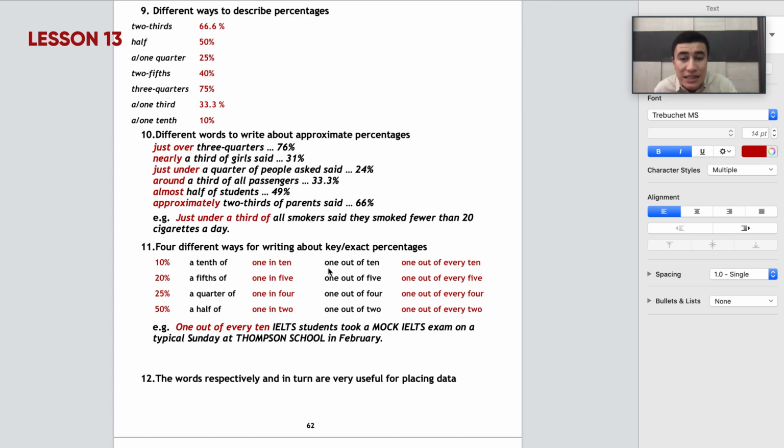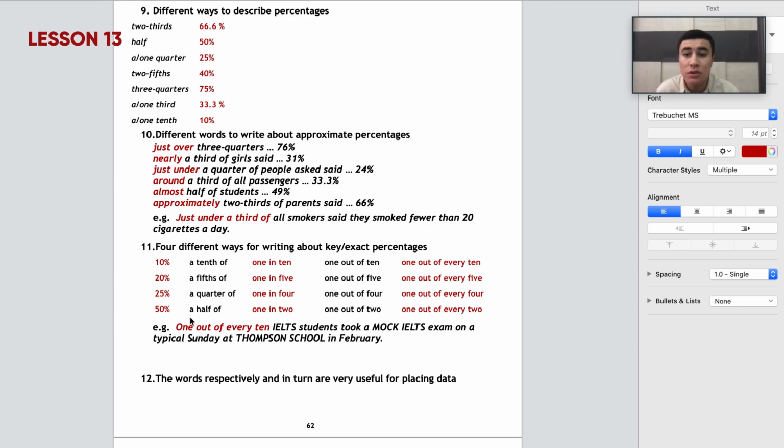So each different way here refers to 10%. Okay, instead of 20%, you can say a fifth of, 1 in 5, 1 out of 5, 1 out of every 5. Okay, 25 here, a quarter of, 1 in 4, 1 out of 4, 1 out of every 4.